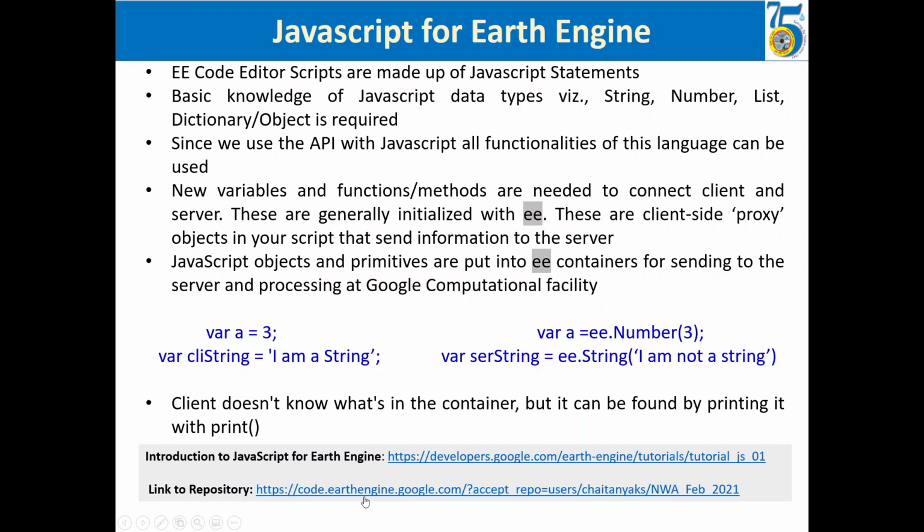Then automatically, by this I am sharing a link to the repository, and it will show in the script manager. You will see the repository of NWA_February_2021 in the reader folder, in a new folder.